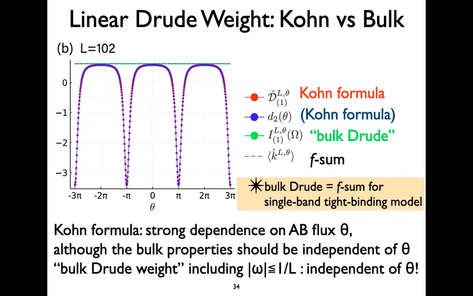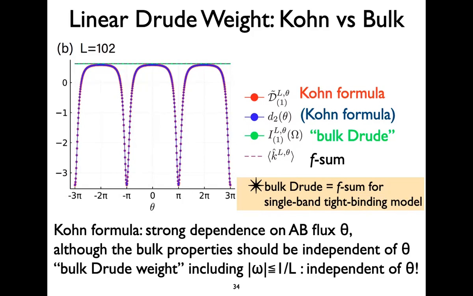If you use the Kohn formula, you find this kind of curve, and the horizontal axis is the Aharonov-Bohm flux. So the Kohn formula depends very strongly on the Aharonov-Bohm flux. But if you are interested in a bulk property of the system, the bulk property shouldn't depend on the Aharonov-Bohm flux.